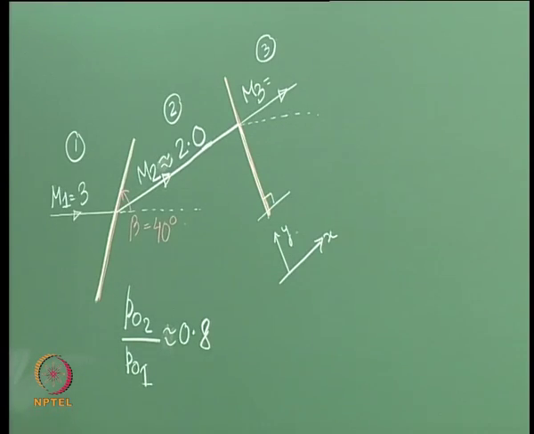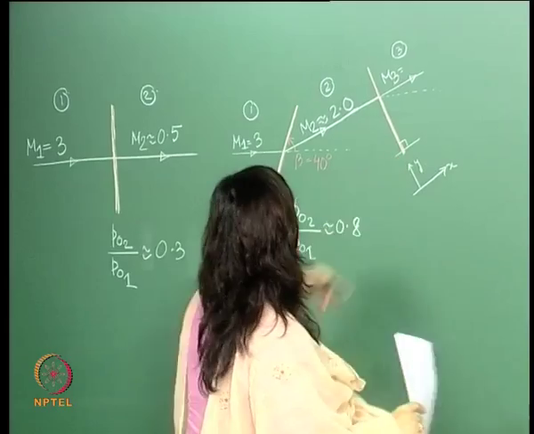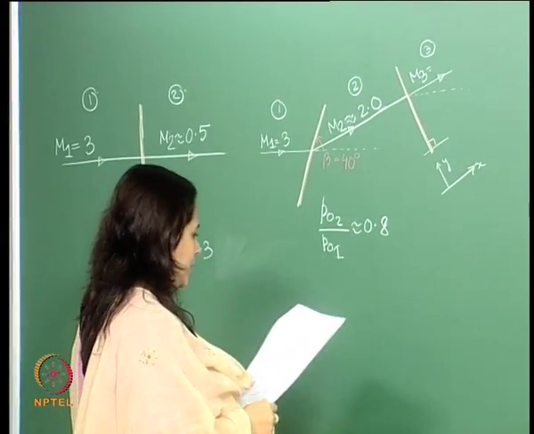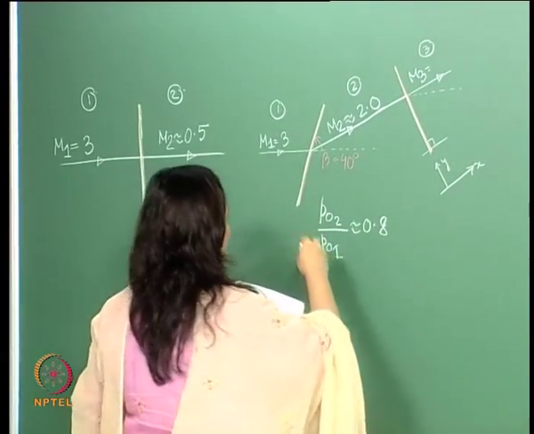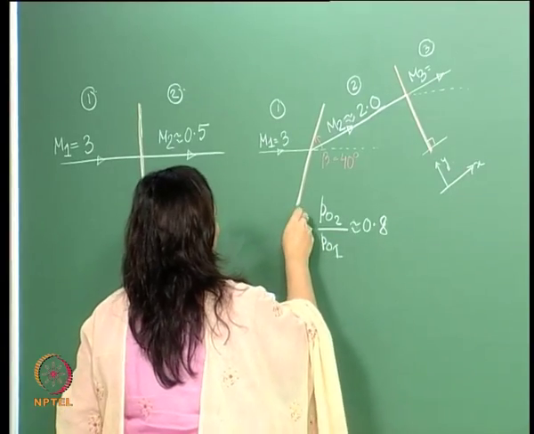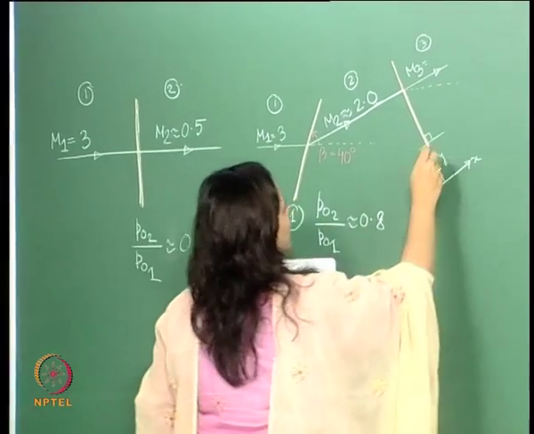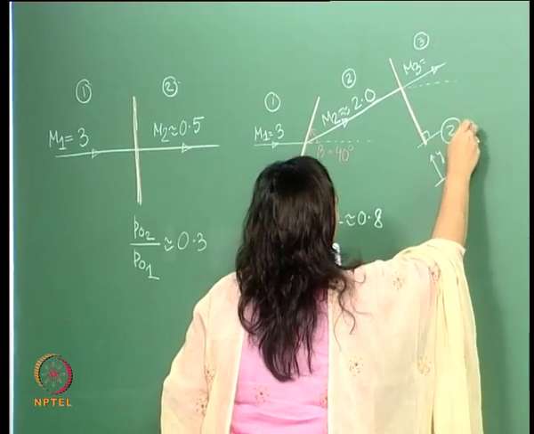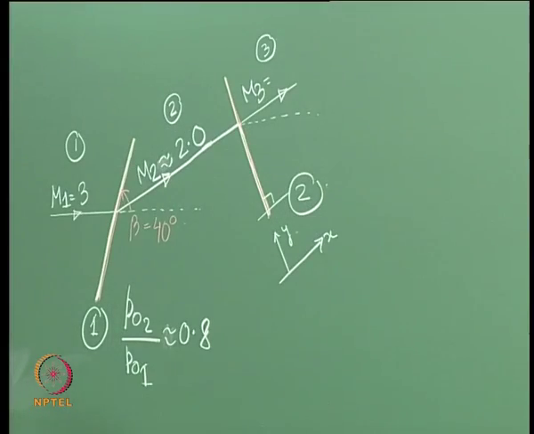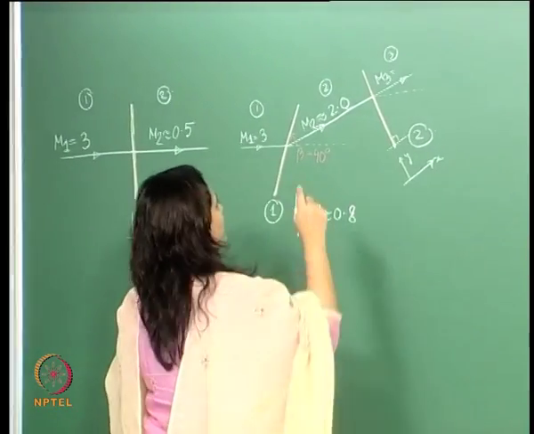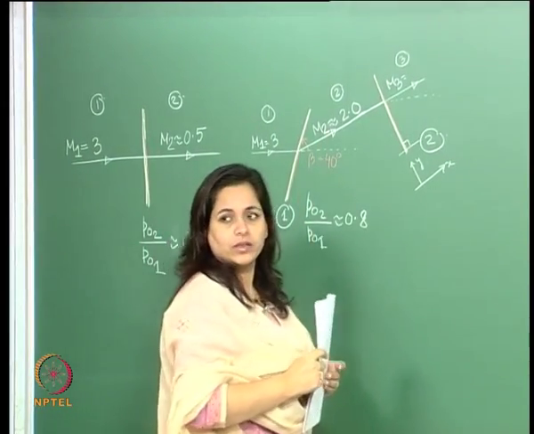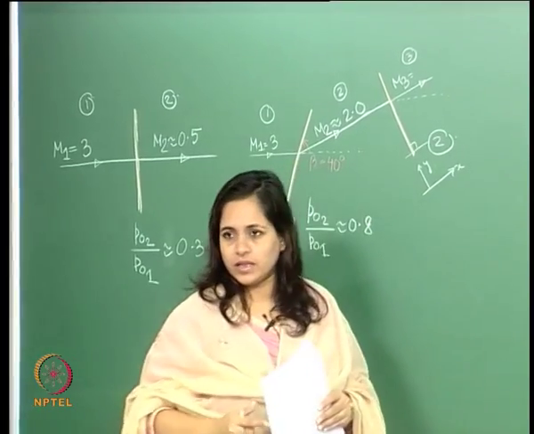Let's call the oblique shock shock structure 1, and this shock structure 2. So 1 is oblique and 2 is normal. The incoming Mach number is around 1.9, so we will go to the tables.